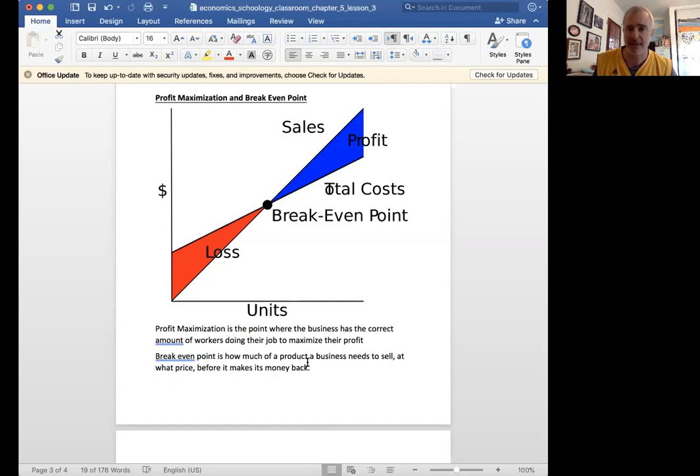All of these things, right? This is what you're aiming for. And your break-even point is, I at least need to sell this much so that I'm not losing money out of this whole deal, out of my business.